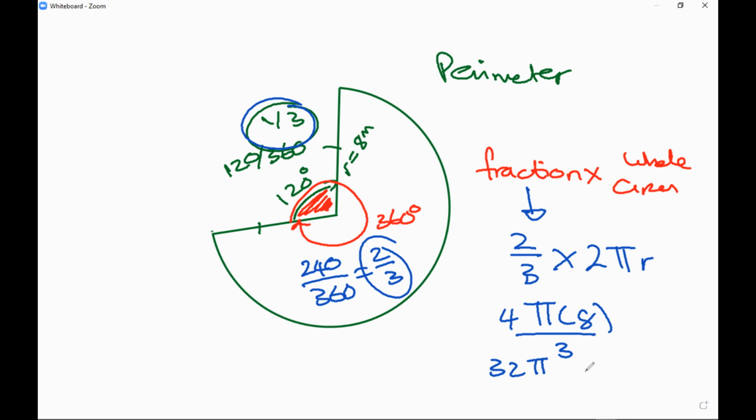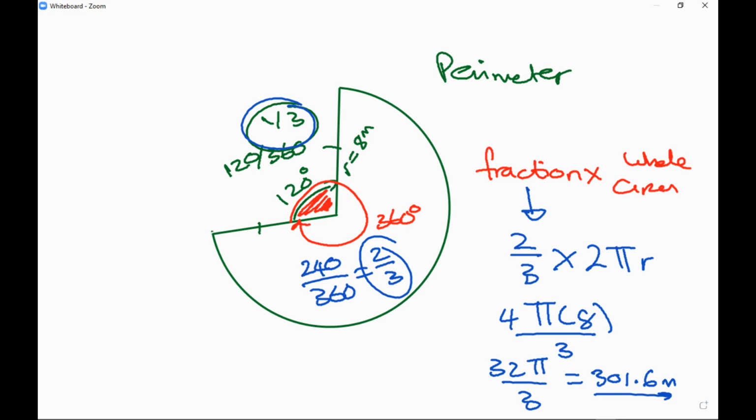Or you can just put all of that in the calculator. That's it. 301.6 meters, right?